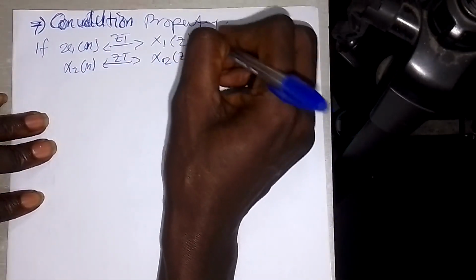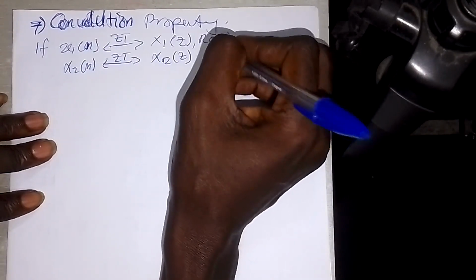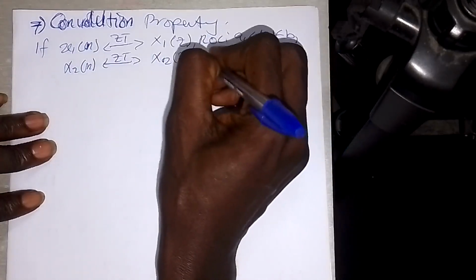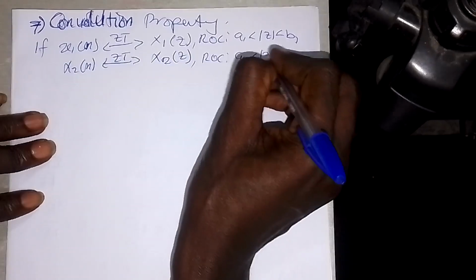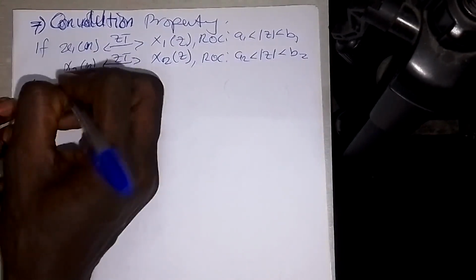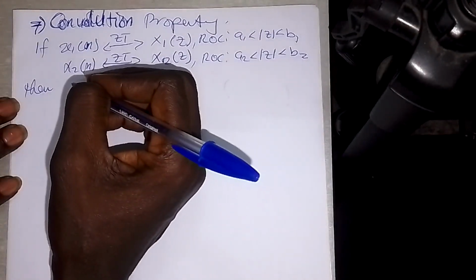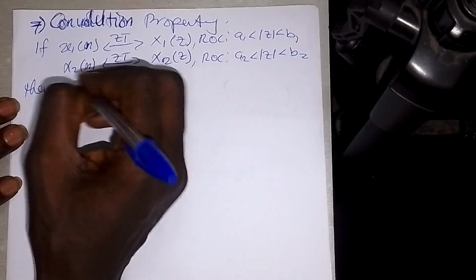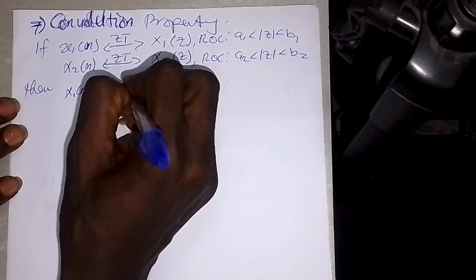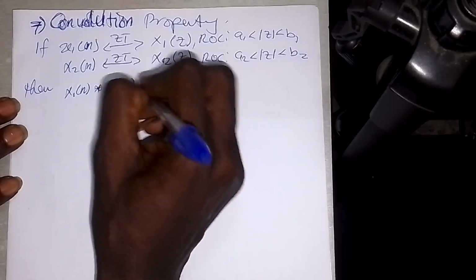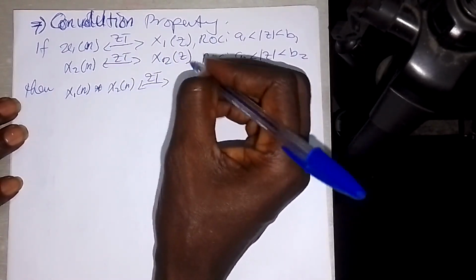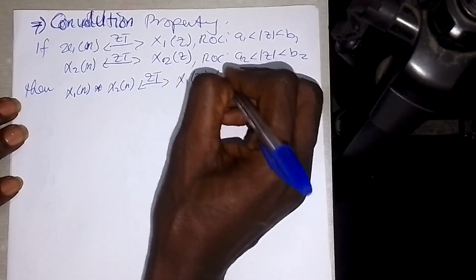Your ROC is A1 less than mod Z less than B1, and here your ROC is A2 less than mod Z less than B2. Then in terms of convolution, x1 of n convolved with x2 of n gives the z transform X1 of z into X2 of z.